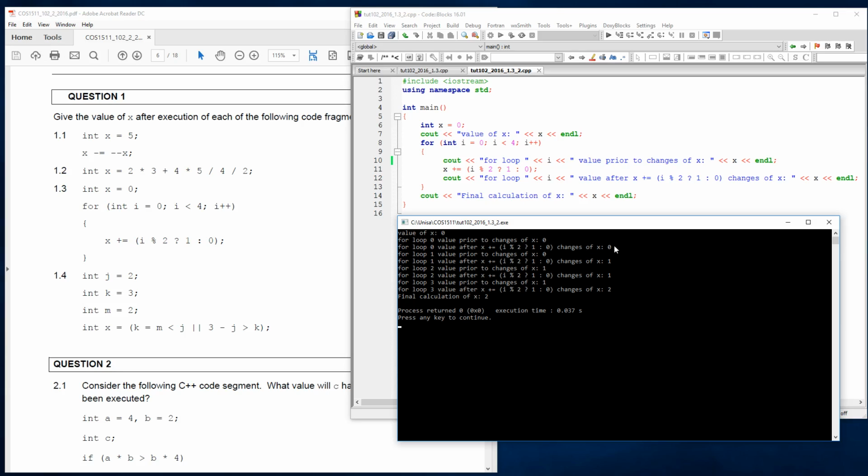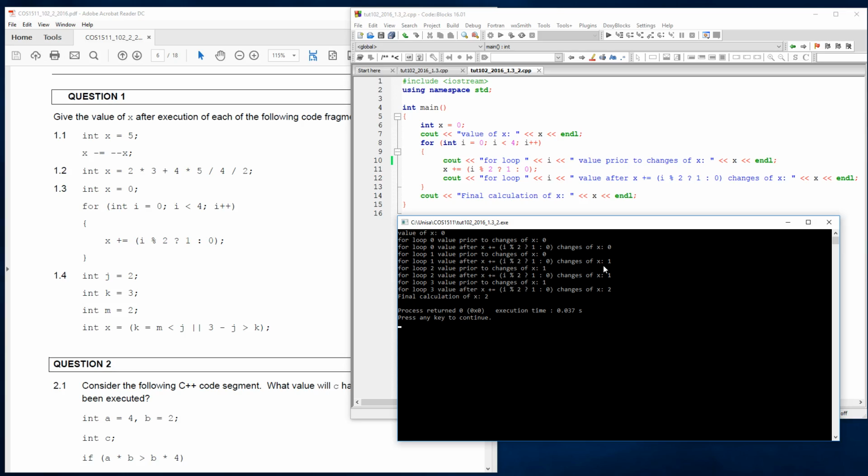So the value of x remains 0 because it's still a false. There's no remainder, it's a 0. 1 divided by 2 would give us 0.5, so that gives us a remainder. So as you can see, the value of x changes to 1, because it's true.